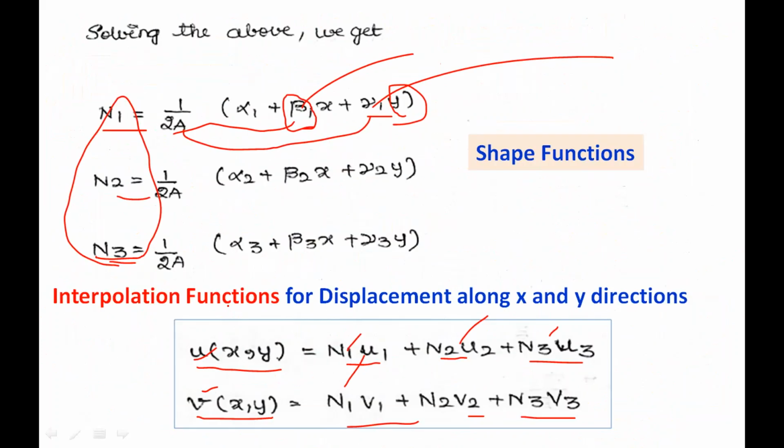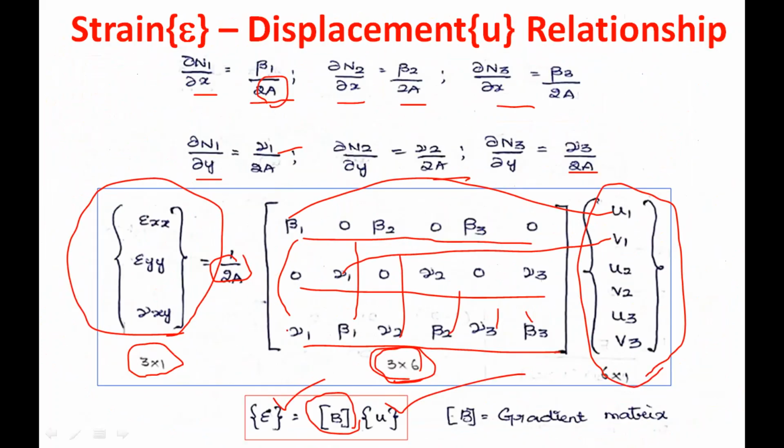What is the B matrix? In the B matrix, we have the beta 1, gamma 1 terms. What are beta 1, gamma 1? We have defined beta 1 and gamma 1 in terms of xy coordinates. We solved many problems also, right? So this beta, gamma or this B matrix is defined in terms of geometrical coordinates.